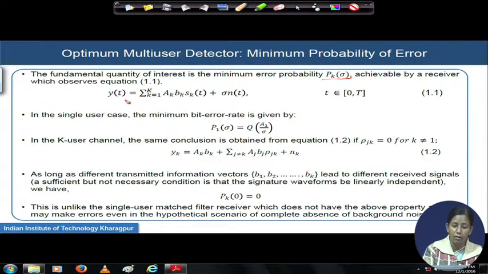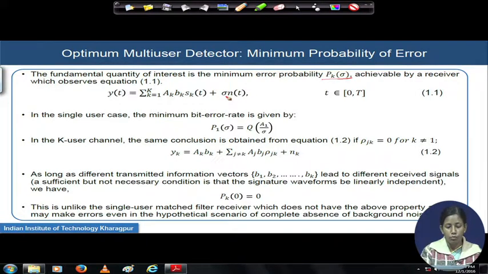So, the minimum error probability is achievable by a receiver. The receiver structure is like this, where K users are present in the channel, and each of them is transmitting its corresponding signal b_k with its unique signature waveform s_k associated with it, and A_k is the received amplitude of the signal associated with the kth user.